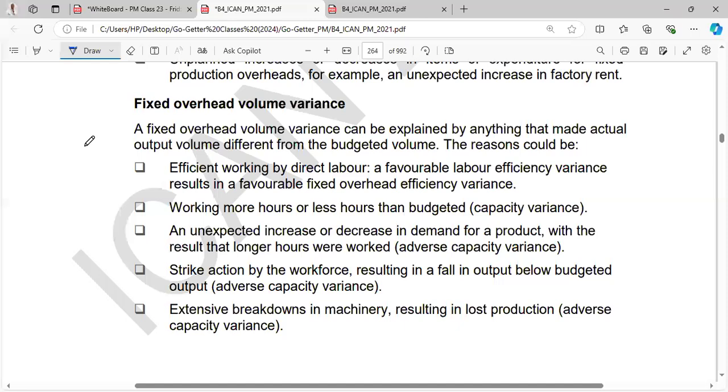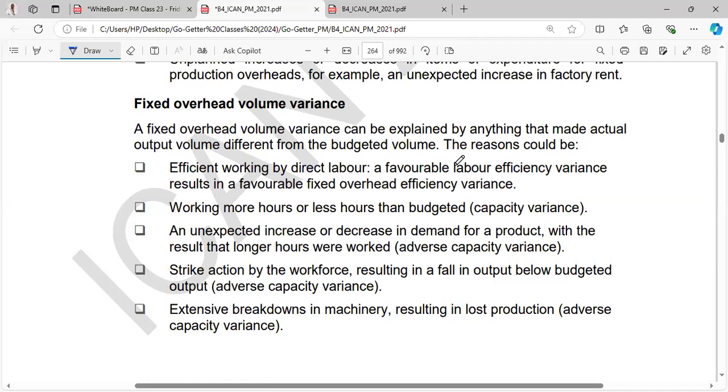So a favorable labor efficiency variance results in favorable fixed overhead efficiency variance, because fixed overhead and variable overhead are all linked with labor hours.